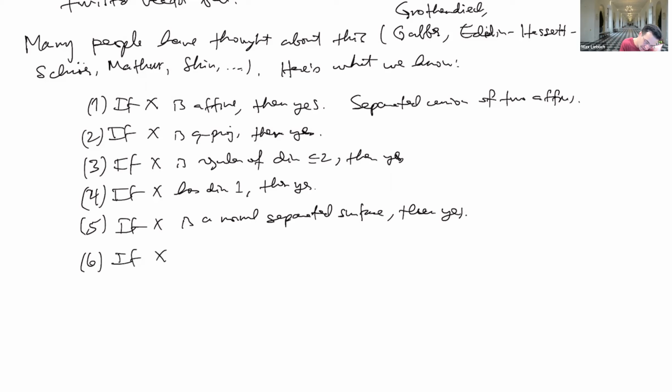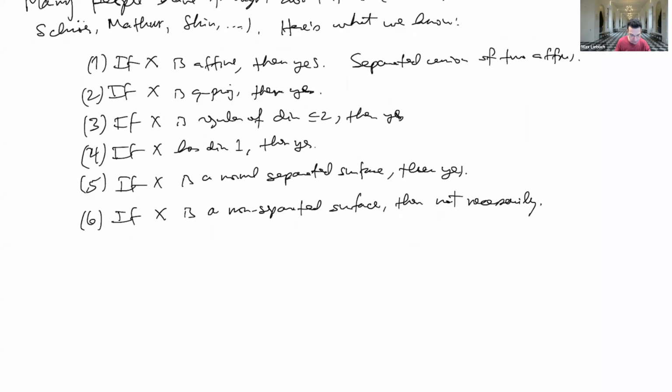If X is not separated, there are two-dimensional examples. This is in Edidin-Hassett-Kresch-Vistoli, then not necessarily. And their example is not that bad. You just take cones and glue them together away from the cone point, and then you can make an example that can't come from an algebra.